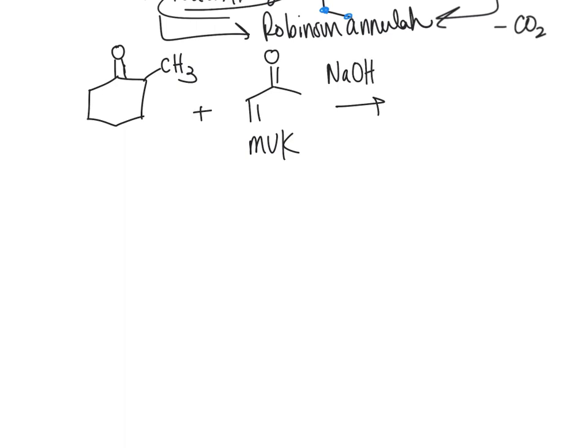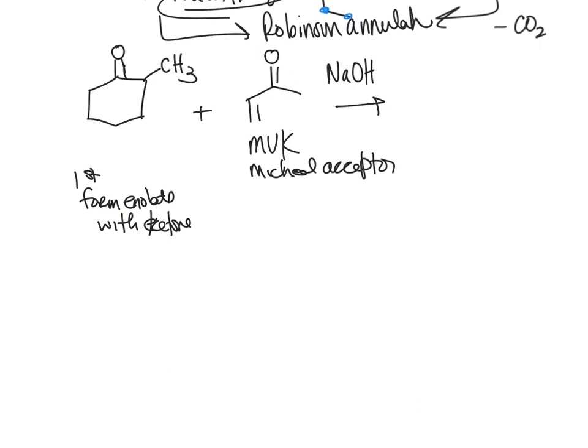Now the first thing that's going to happen is you're going to form the enolate with your ketone. Okay, remember this is a Michael acceptor. The MVK is a Michael acceptor. Okay, so that means when you have this 1, 2, 3, 4 system, this is a delta positive here at the 4. So this is going to be your electrophile.